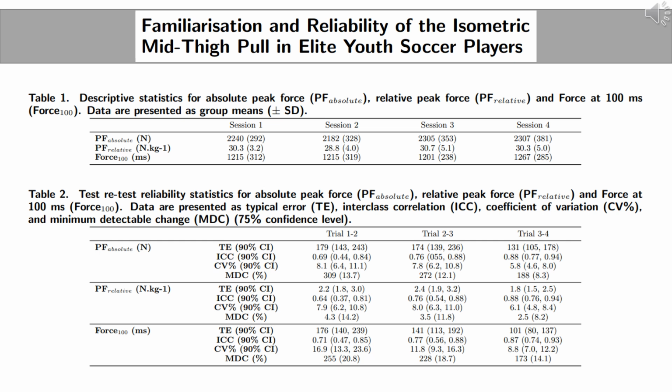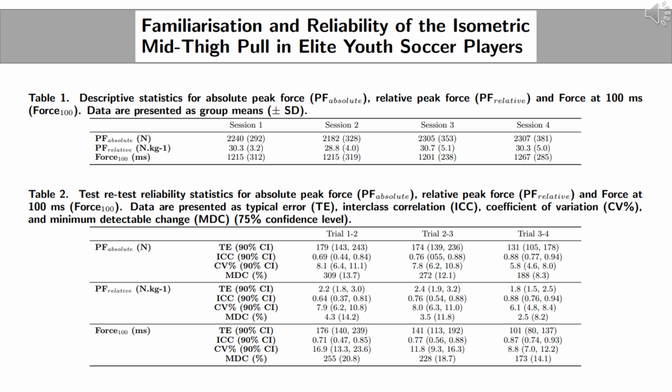The reason that looking at force at different time points has become quite popular is because metrics like rate of force development have shown quite questionable reliability values, and so we're starting to see them being used less and less.